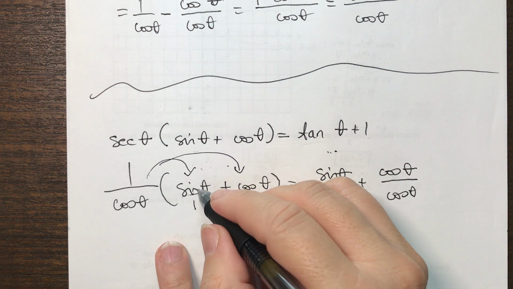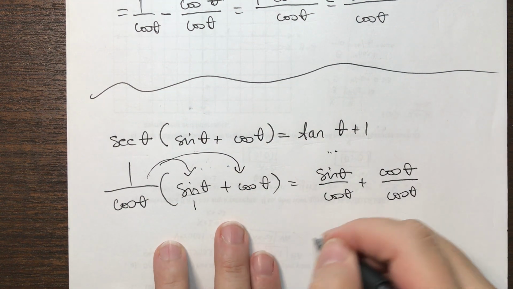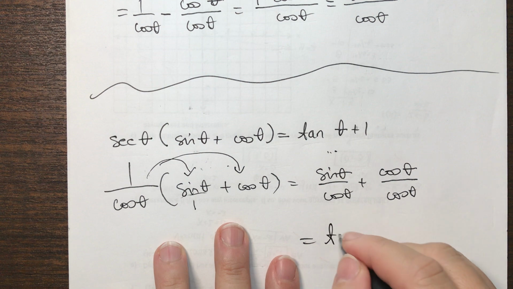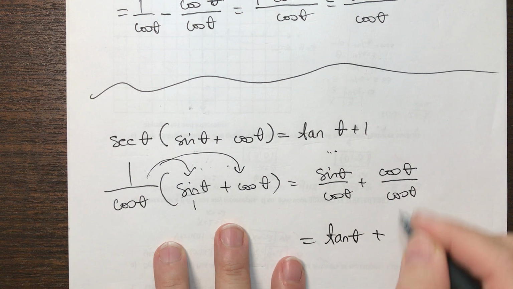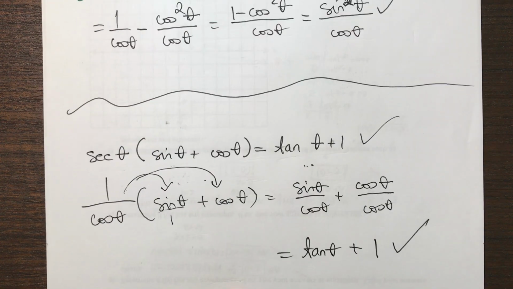Remember, these are over 1, so these numbers get multiplied to the top, and this to the bottom. And that's easy because what's sine over cosine? It's a tangent. And what's a cosine divided by itself? Well, that's 1. All done, right? That's just how fast it is. So the nice thing about identities is that we are telling you when to stop.